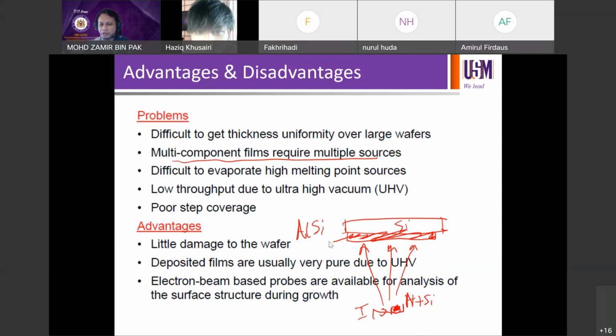What will happen on the deposited layer? If only some of the source is melted, then we won't get our target of deposition. Okay, alright.